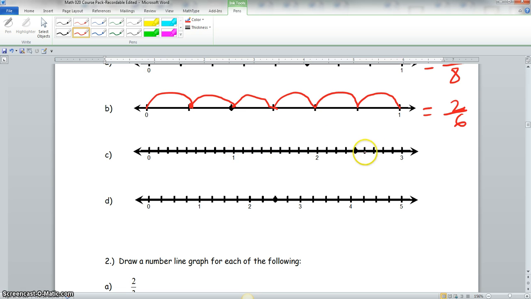Now we come here. We see our point is here. But if you notice, this is from 0 to 3. So this is what we could do. We'll go 1, 2, 3, 4, 5, 6, 7, 8, 9. So from 0 to 1 was 9, right? So let's see if this holds true from 1 to 2.